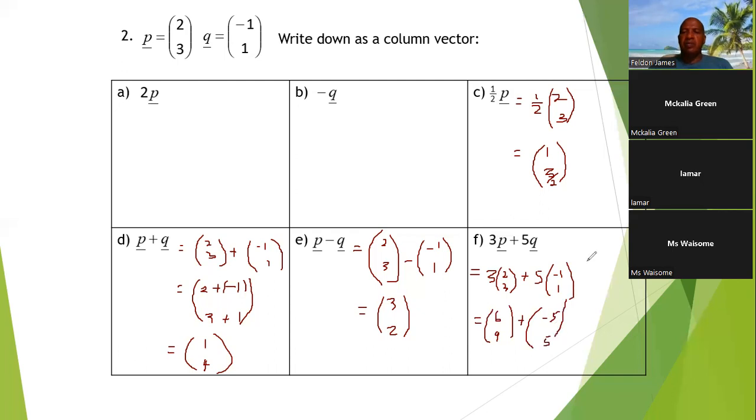And now, what would be the result of adding these? Anybody? Can you give me a result? 1, sir, 1 above and then 14 below. All right, good.